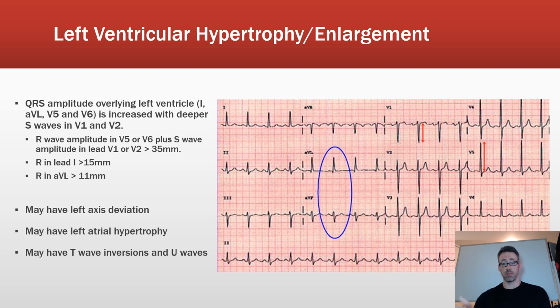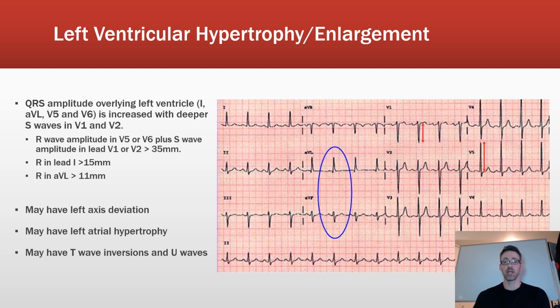But let's just take, out of context, our ECG here and the QRS amplitude. In general with left ventricular hypertrophy, the R waves in V5 and V6 are usually much greater. That would make sense because V5 and V6 are already on the left lateral side, so if there's an increase in electrical activity there, they would be larger.